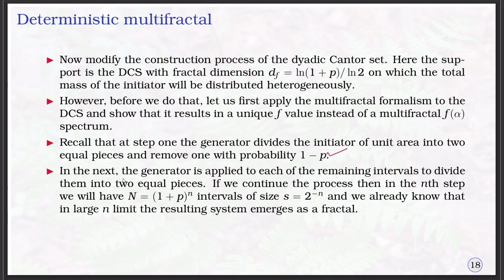In the next step, the generator is applied to each of the remaining intervals to divide them into 2 equal pieces. If we continue the process, then in the nth step we will have (1 plus p) power n intervals of size 2 power minus n. That means delta equal to 2 power minus n. We already know that in the large n limit, the resulting system emerges as a fractal.